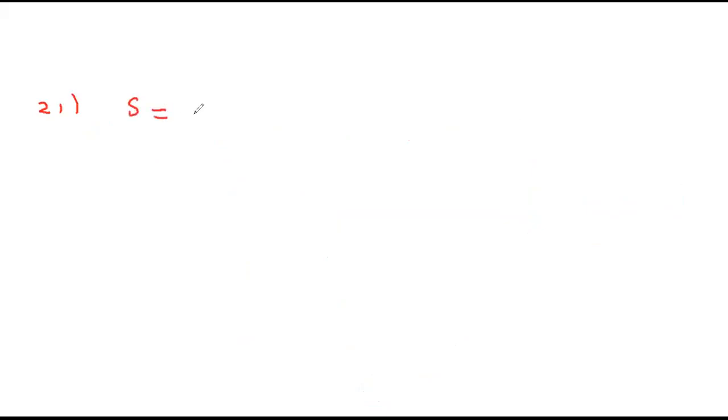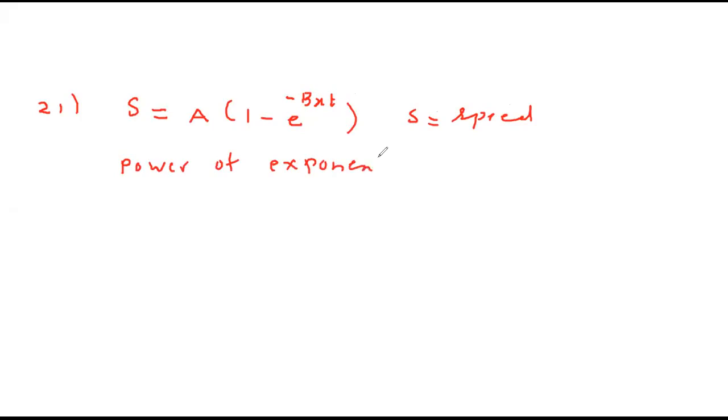S equals A into 1 minus e raised to minus bxt, where S means speed. T is time, X is displacement, then what is the unit of B? Not dimension but unit of B. Power of exponent, that means e is dimensionless.